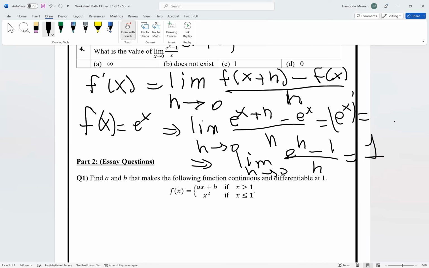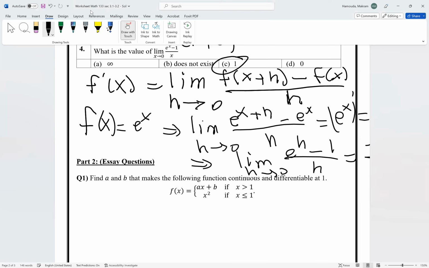And this is exactly what we want here. Take the limit h approaches 0 or x approaches 0. It's a variable, so it doesn't matter. The result will be number C, which is equal to 1 here.